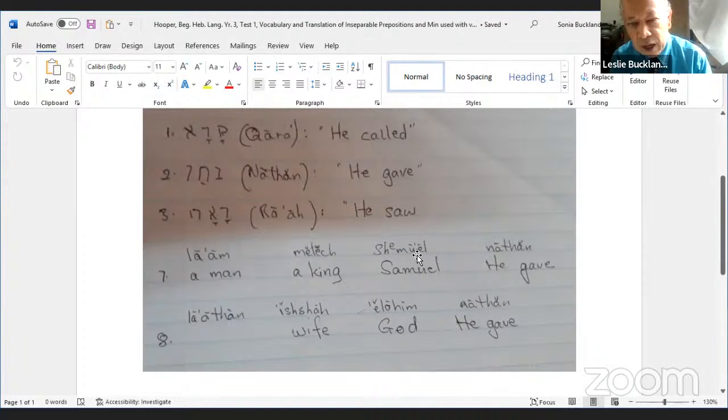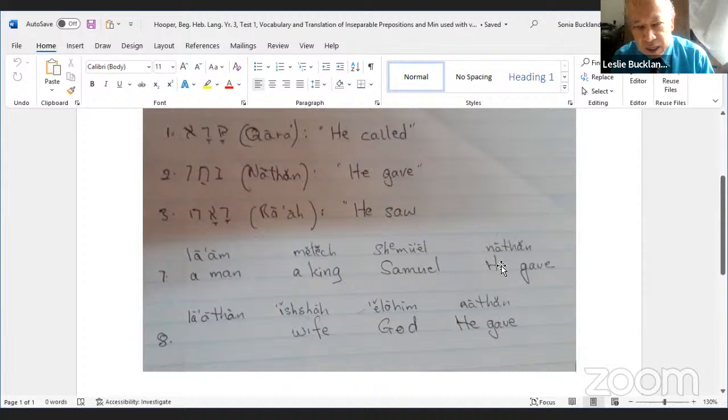So the normal English word order is the noun comes first and the verb comes after. So it should not really be he gave Samuel, but it should be Samuel gave.